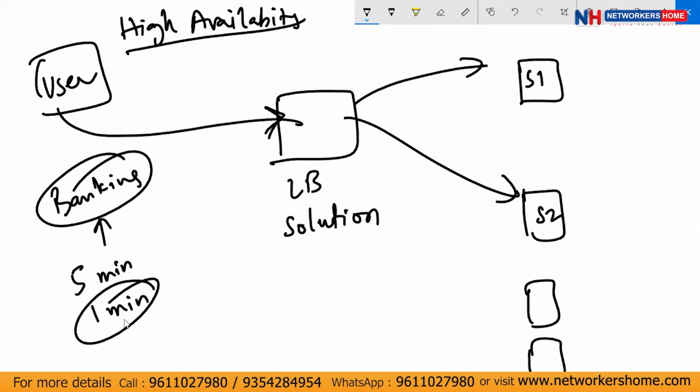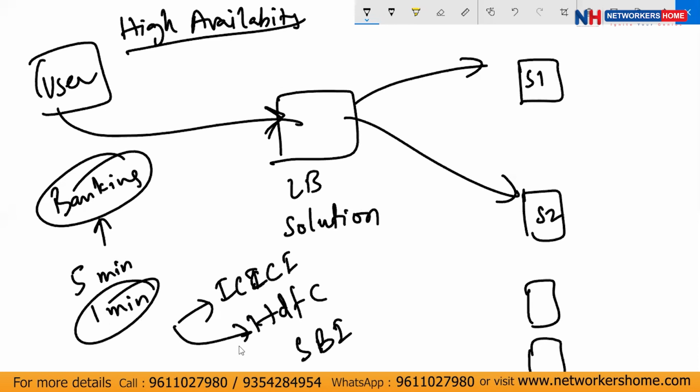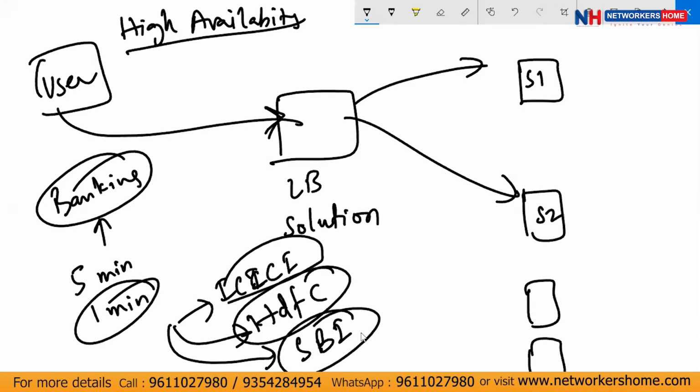No, it will bring a huge impact. As a customer, let us say you have accounts in different banks. Whichever bank is giving you a better service in terms of ease and good performance of their internet application, you will prefer that. There is zero tolerance of downtime from a user perspective.